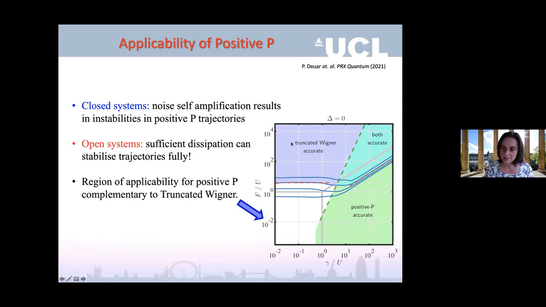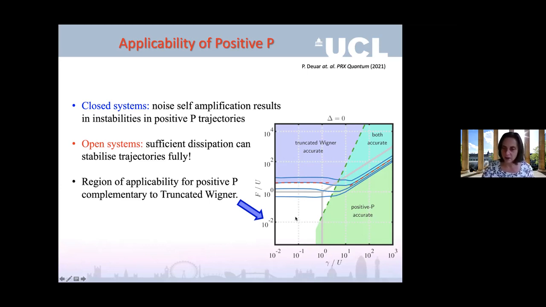We found that between truncated Wigner, which is an approximate method but gives accurate results in the semi-classical regime, and the positive P method, which is exact but sometimes doesn't work, we were able to cover almost the entire phase diagram of the driven dissipative Bose-Hubbard model, apart from this corner of very small dissipation. So if your dissipation or your drive, or both of them, are much smaller than interactions, then the phase space methods will not work.